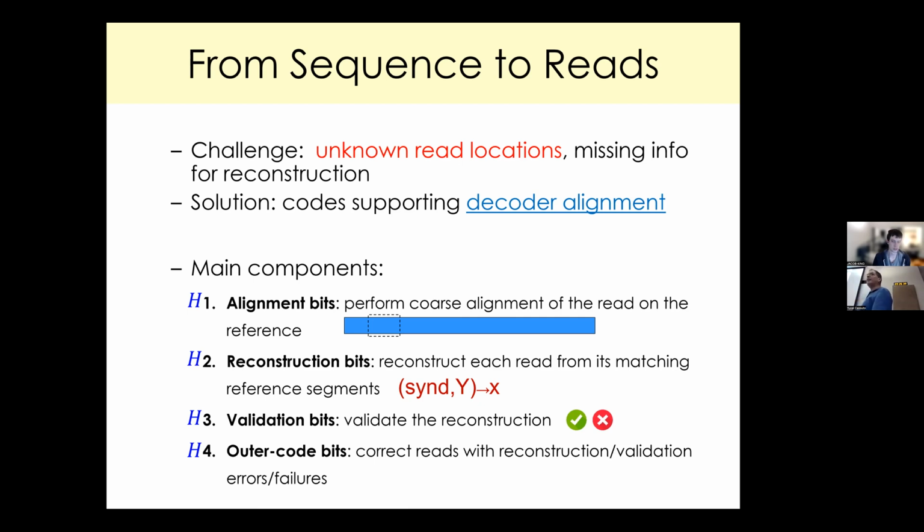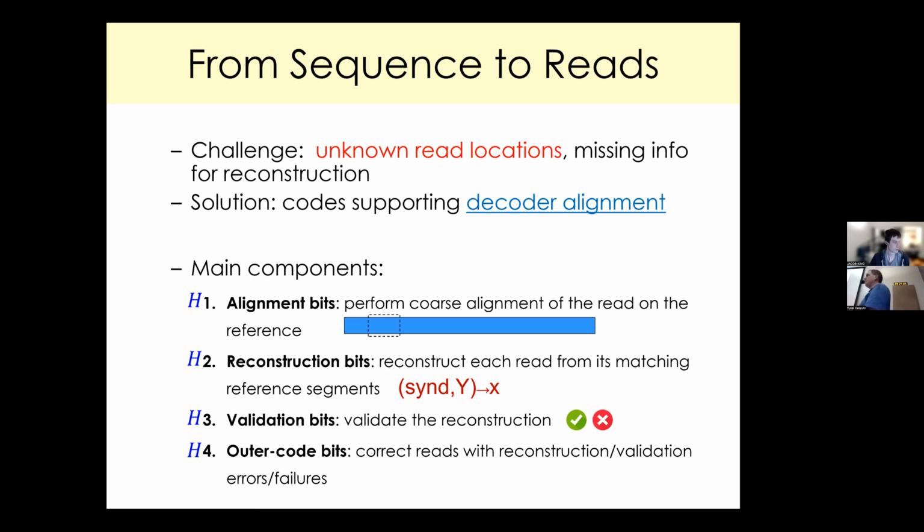But that's not enough. In some cases, we will have problems in those first 2 steps, and then we also need validation. We need some step that will tell us that we did well, some go, no go type of check. And after that, we have this outer code. All those first three steps were about the inner subblocks, each read individually.